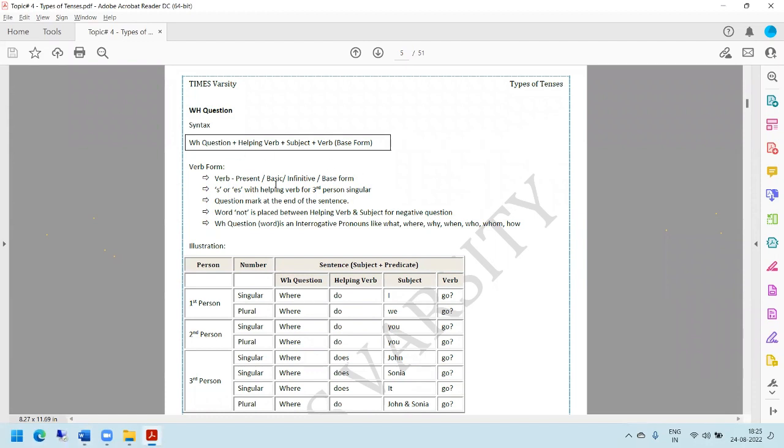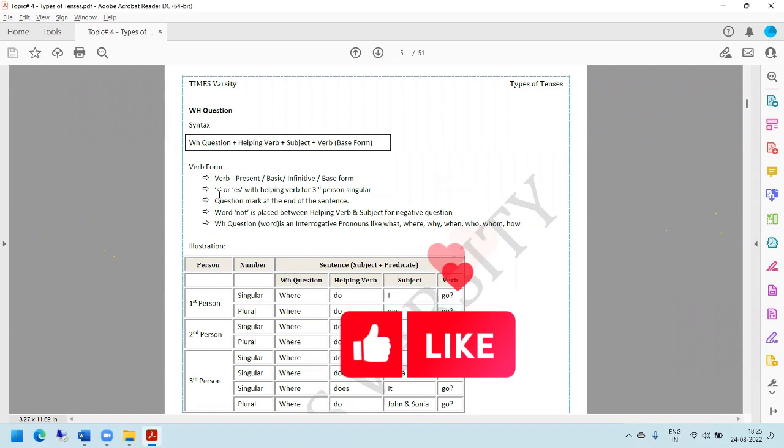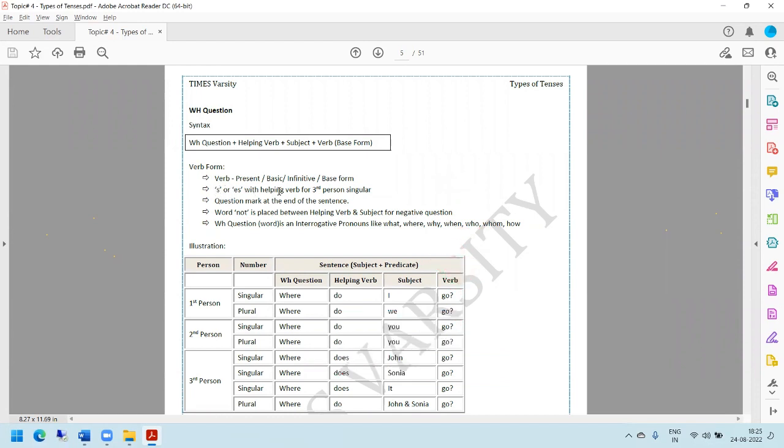The first form of the verb is used, and s or es with the helping verb of the third person. Question mark at the end of the sentence. The word not is placed between helping verb and subject for the negative question. The WH word is an interrogative pronoun like what, where, why, when, who, whom, how.